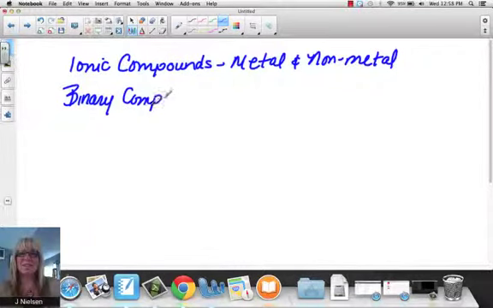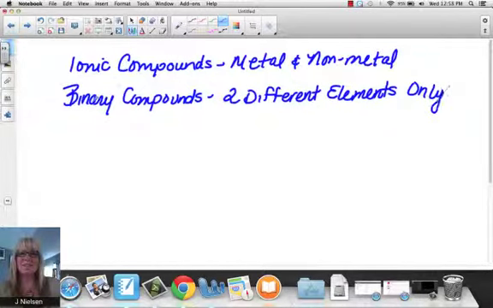When we talk about binary compounds, we are talking about two different elements only. So in this case, it would simply be the metal and the nonmetal.